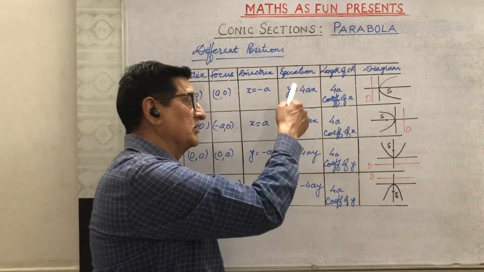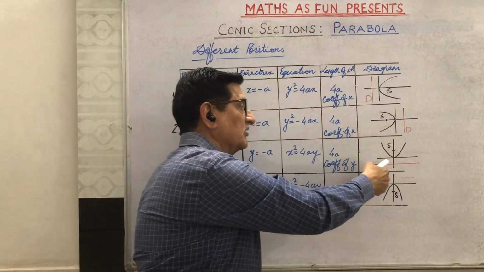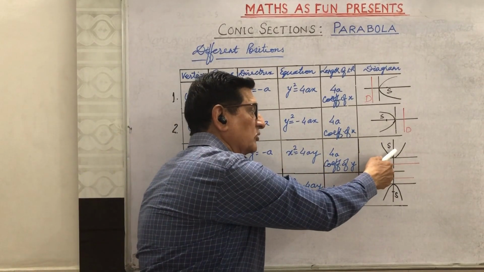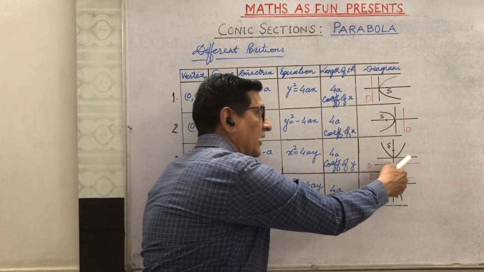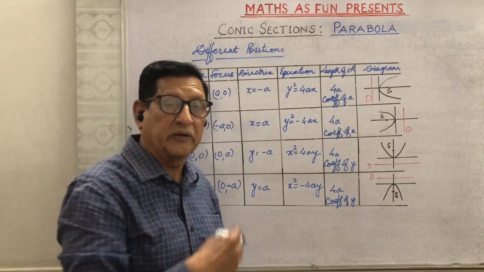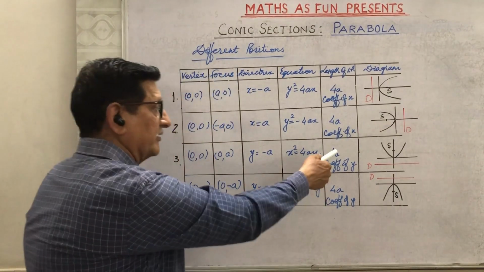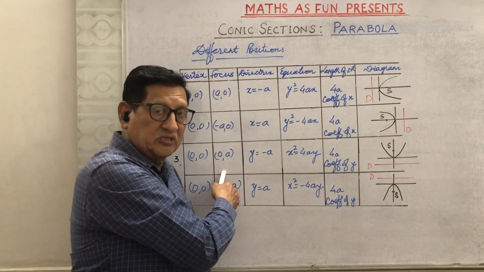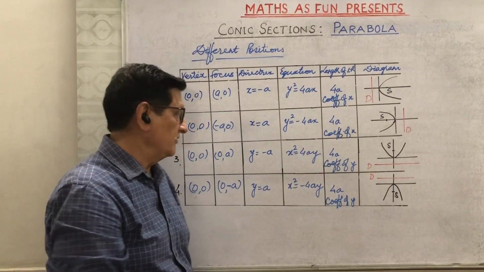In case the parabola is facing the positive side of the y-axis, then its focus will be lying on the y-axis, and the directrix will be parallel to the x-axis, that is, perpendicular to the y-axis. As we find here, the vertex is 0, 0, and the focus is at 0 comma a, because this is on the positive side of the y-axis.